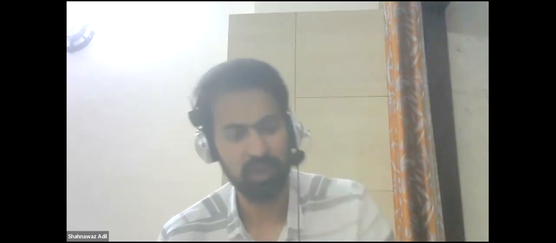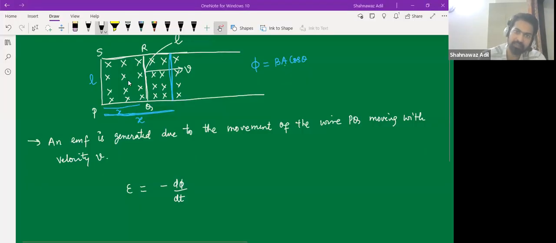Inward, right? And what is the direction of the magnetic field? You can see it from here, inward. So theta is how much? Both are inward, so 0 degrees, right?